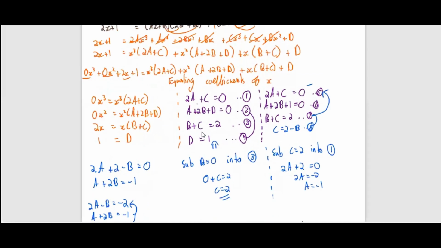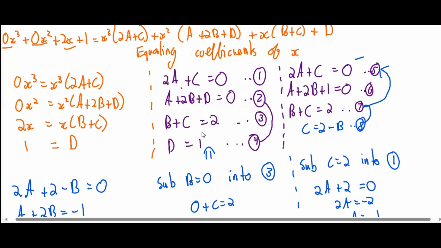Just to let you know at this point, some people's calculators could actually solve simultaneous equations with three unknowns. So you could have just plugged these into your calculator, if you know how to do it, and calculated what a, b, c is. I already know what d is.